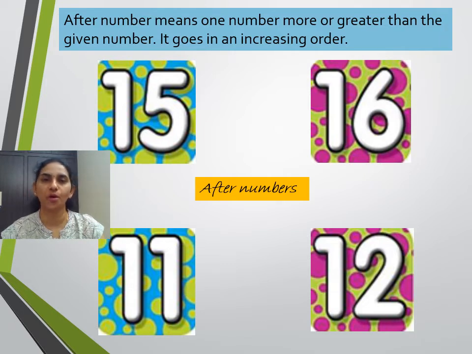One more or one greater than the given number. What are the given numbers here for us? 15 and 11. So now we have learned the after numbers for both 15 and 11. Okay children, is it clear? We'll go for the next one.